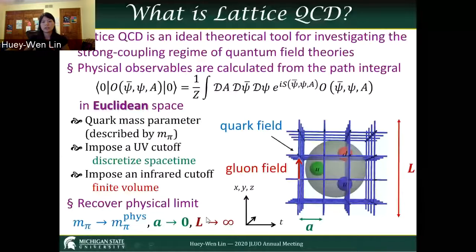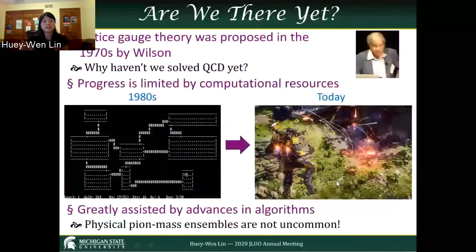Similarly with the box size. We need to remove all these assumptions we put in, and only then can we compare with experimental numbers or make predictions from the QCD point of view. This is not actually new. It has been around for a while, and while we haven't really solved QCD, it sounds very promising.